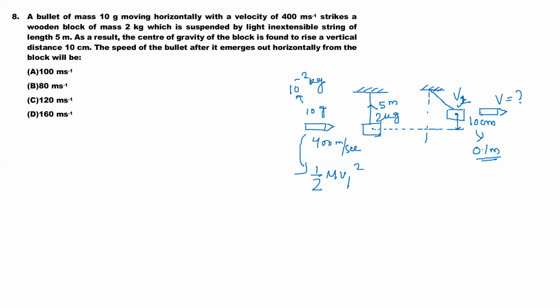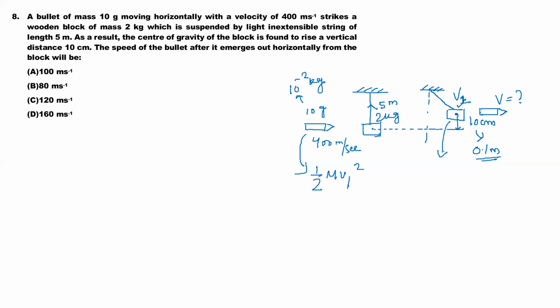Yes or no? Initially the block was at rest, and it is going to a certain height h. That means at rest it did not have any energy, but as the bullet entered, it rose to a height. So what is the energy stored?